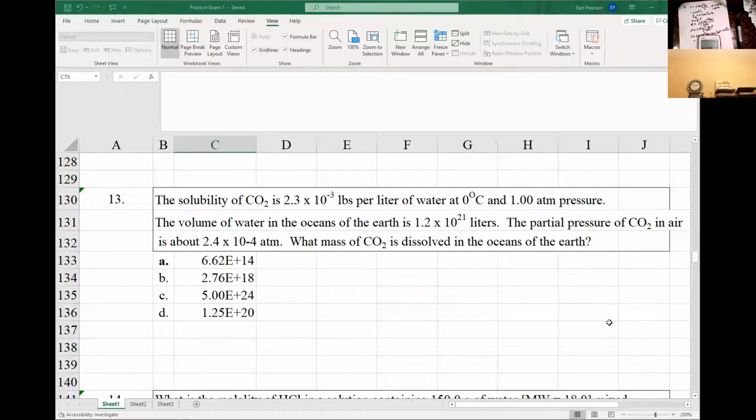Okay. So I got 6.62 times 10 to the 14th pounds. So that is a bunch. And you can see from the answers that is the correct answer.